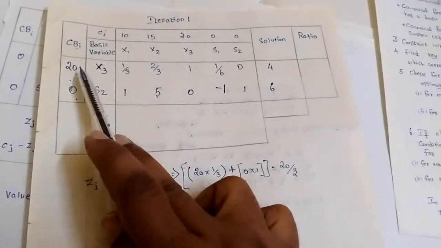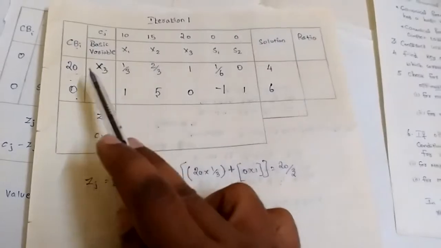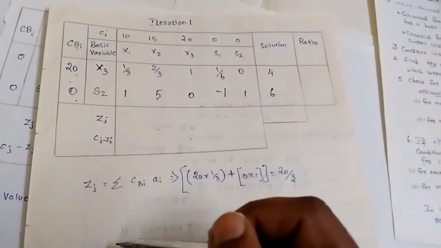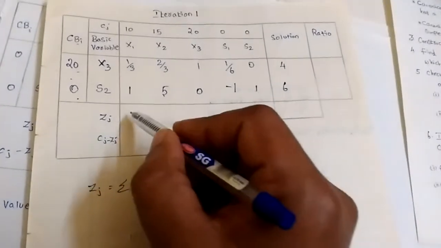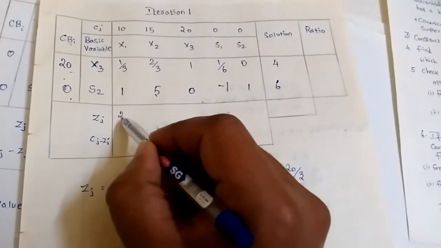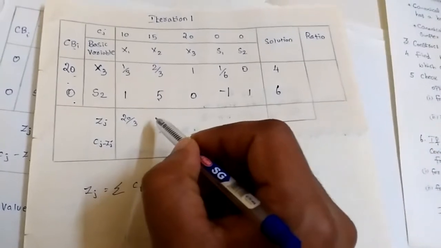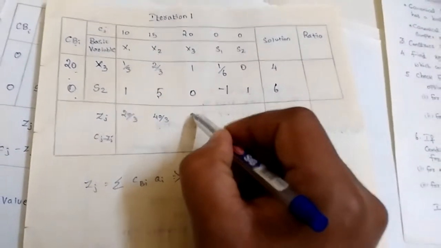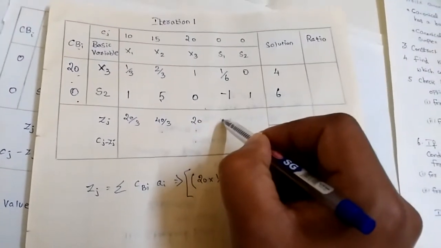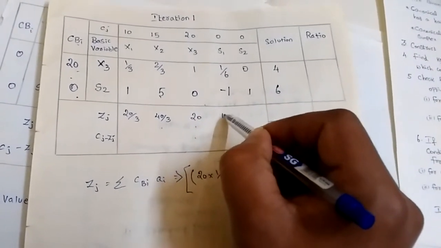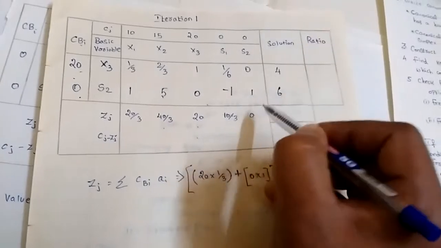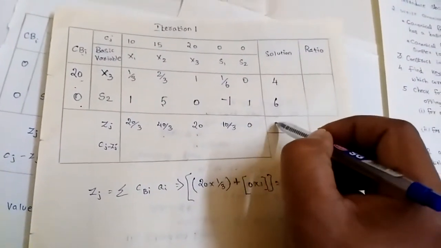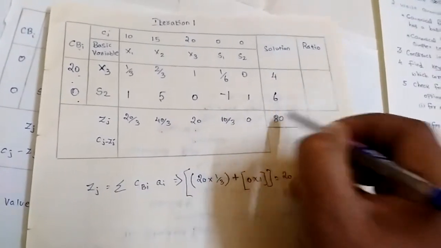So 20 into 1 by 3, 20 into 2 by 3, 20 into 1, 20 into 1 by 6, 20 into 0, 20 into 4. Now 20 by 3, 20 into 2 by 3 is 40 by 3, 20 into 1 is 20. Now 20 by 6 will come as 10 by 3, into 0 is 0. 20 into 4, 80 will come as the solution here.